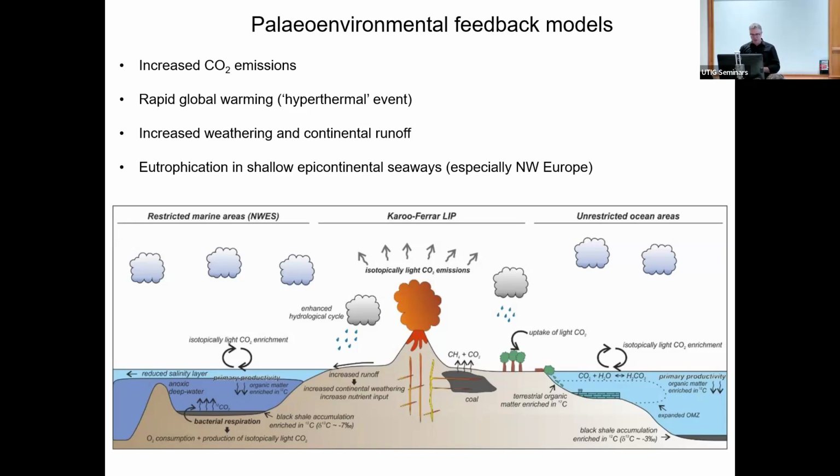Now, it has to be said that you have to pump quite a lot of CO2 into the atmosphere through volcanic activity to get the sort of negative excursion that you see.